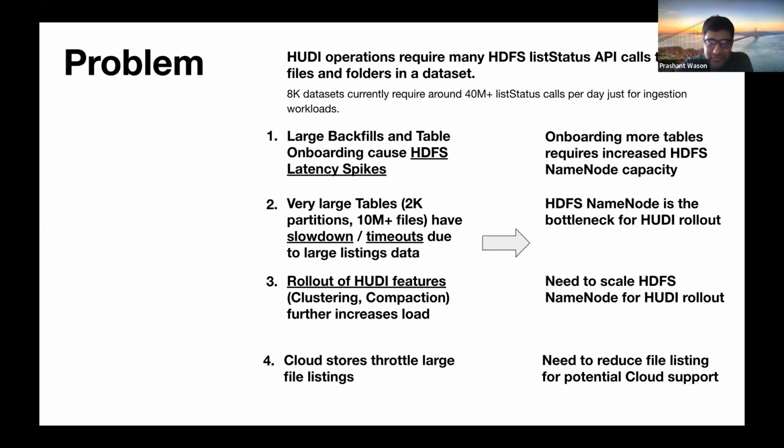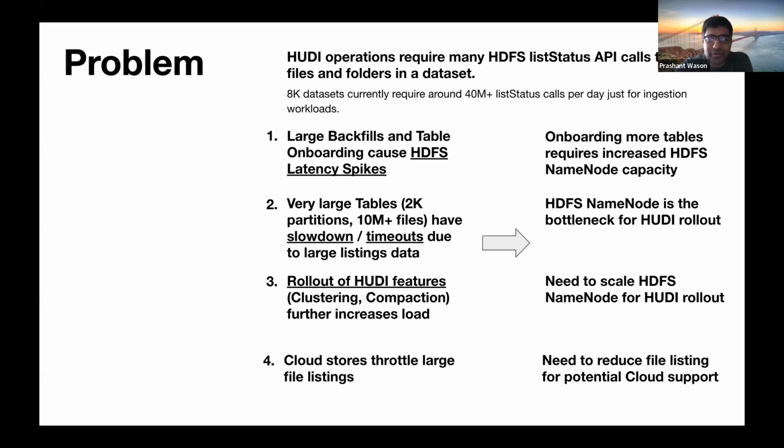Now, with a large number of tables, the number of list status calls just grows very, very high. This leads to a problem because the SDFS infrastructure sometimes has latency spikes because of these large numbers of list status calls, or when we do backfills and onboard newer data sets. This causes additional overhead.